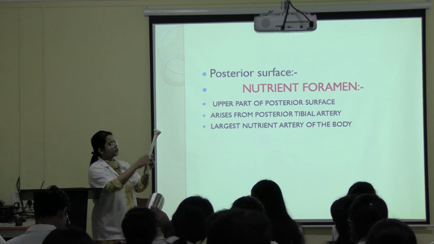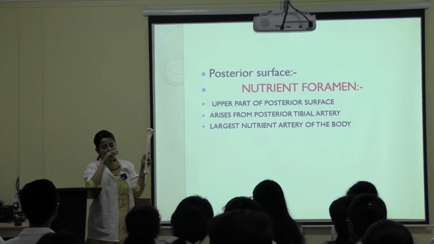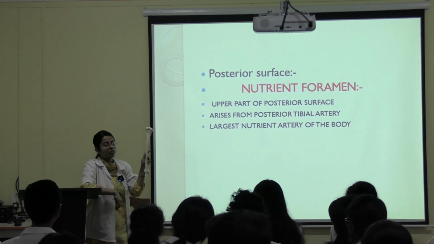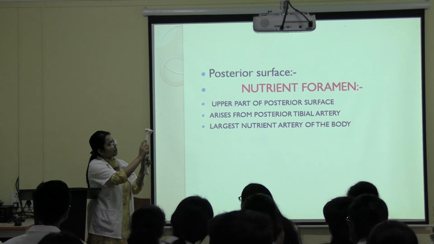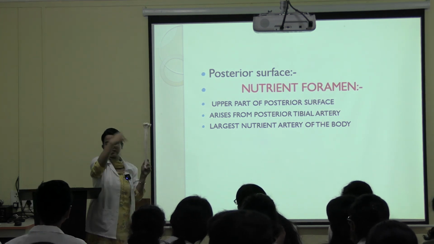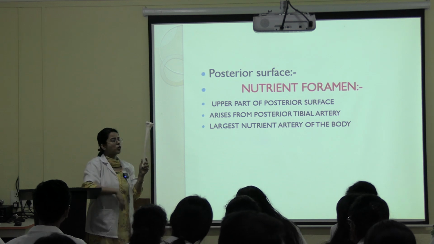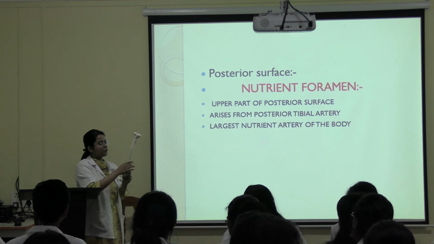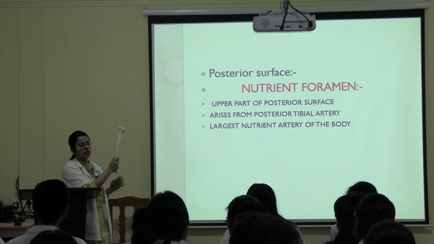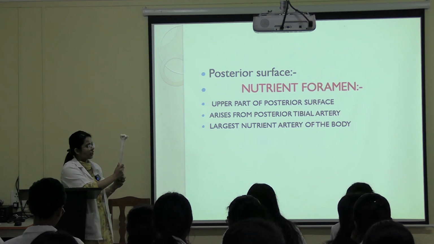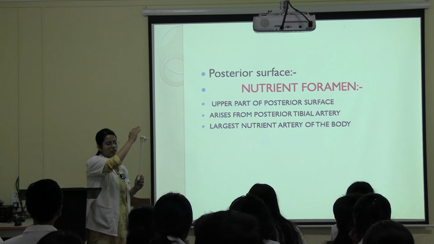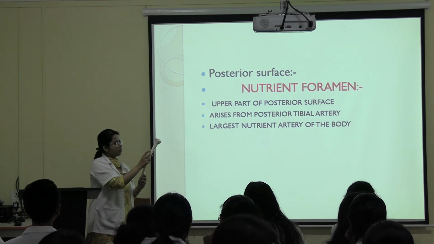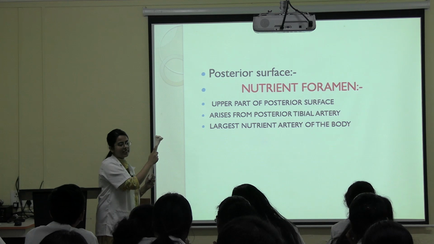As you can see, the nutrient foramen is directed in which part? Lower part or upper part? This nutrient foramen is directed downwards. So the growing end will be which one? Upper part. So the nutrient foramen is directed opposite to the growing end. Okay, so this is the growing end of the tibia. Clear? This nutrient foramen is directed downwards.